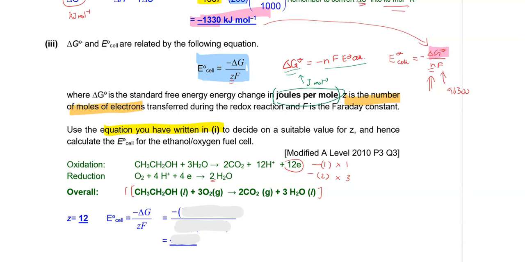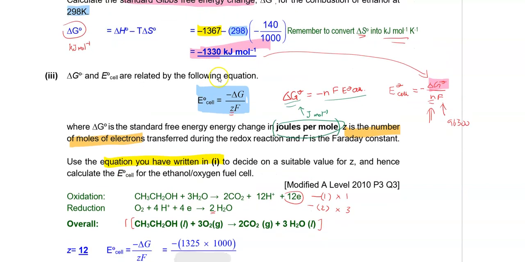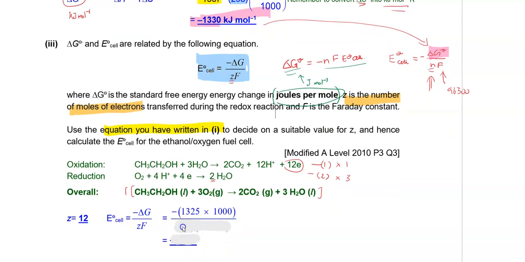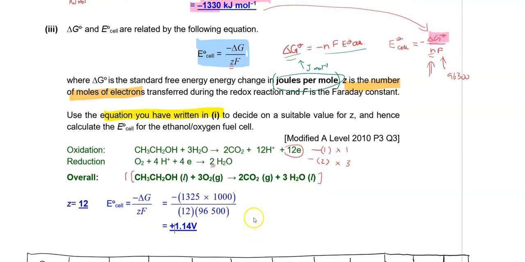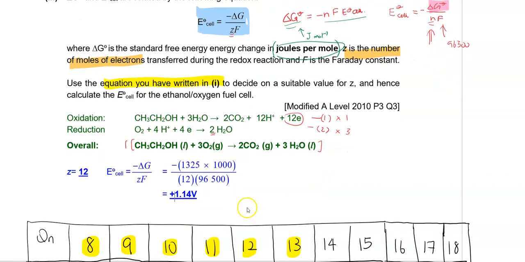So read the question. Okay, so convert negative 1330 kJ per mole into J per mole. Over here, I avoid excessive rounding off, so I use the earlier intermediate value, 1325 times 1000. I divide by 12 times 96500. I will get a value of positive 1.14 volts. Okay, and that's question 7.